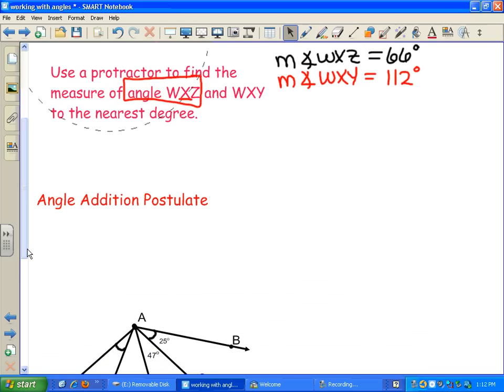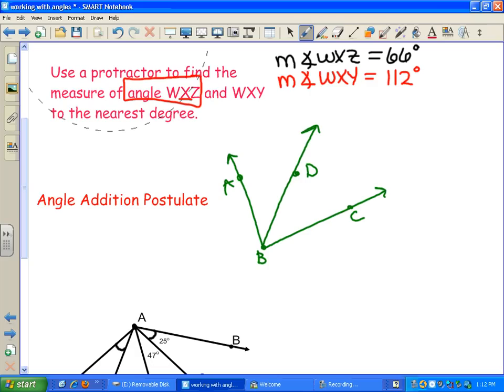The next thing I want to talk about is the angle addition postulate. We're going to draw a picture to describe it. I'm going to construct angle ABC, and I'm going to have D, a point interior to angle ABC.